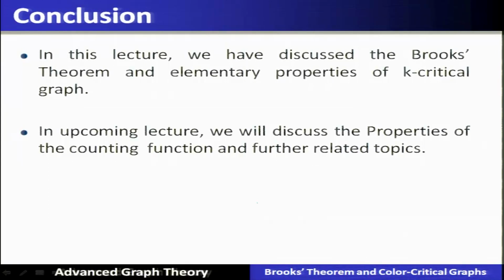In this lecture, we have discussed the Brooks theorem and we have also seen k-critical graphs. The upcoming lecture will discuss the properties of enumeration in reference to colorings and also a few other topics. Thank you.